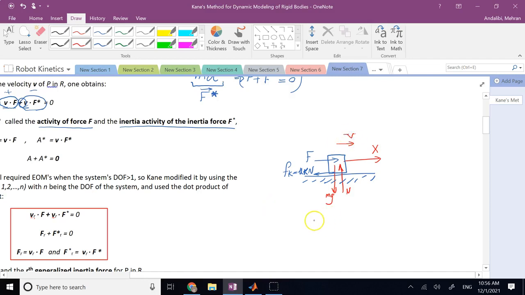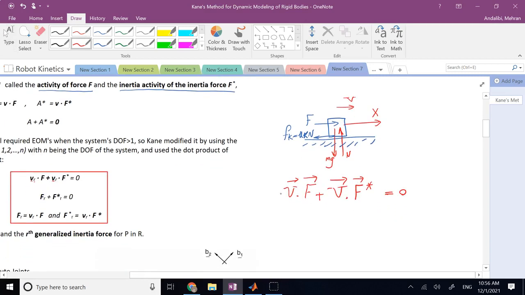If I say F dot v or v dot F plus v dot F star is equal to 0, v here is x dot times i.